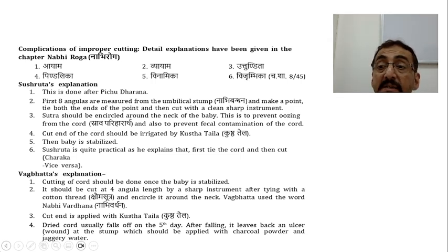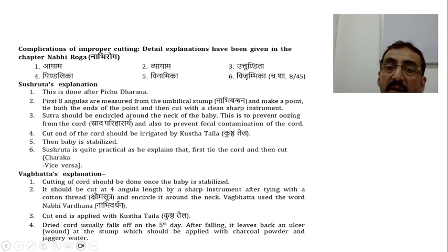Similarly, in this aspect, what Vagbhata explained is something different. Vagbhata says that the cord should be cut at 4 angula length. Now this is very important. First he says cutting of the cord should be done once the baby is stabilized, swasti bhutasya balasya.